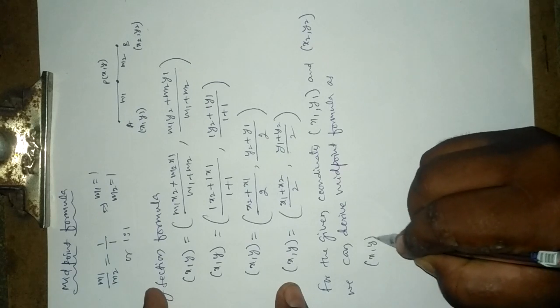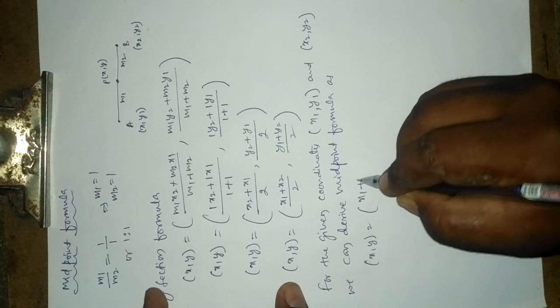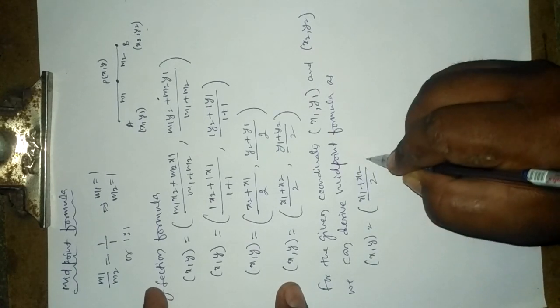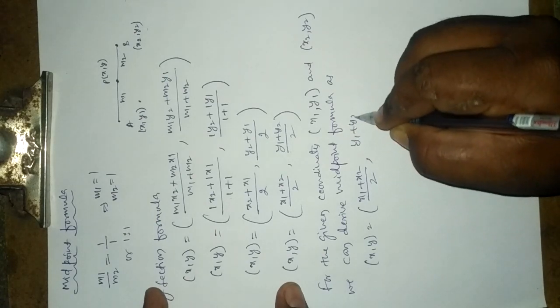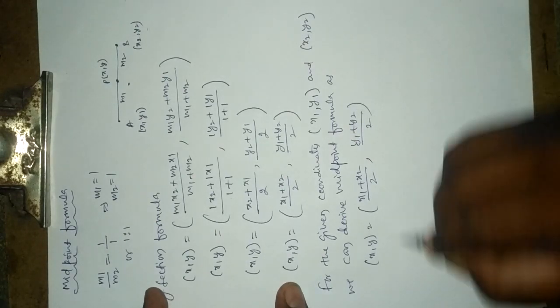So x comma y is equal to x1 plus x2 divided by 2, y1 plus y2 divided by 2. This is the midpoint formula.